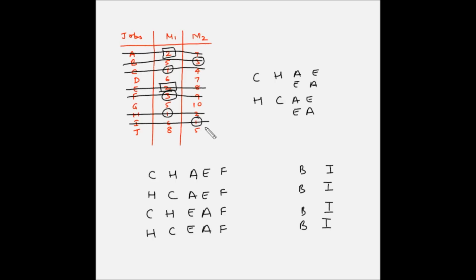Now let us find out the next smallest processing time amongst the jobs which are not considered before. So 5 appears to be the next smallest, which is for G and for J. So G will be in the beginning because it is on the first machine, and J will be from the end.